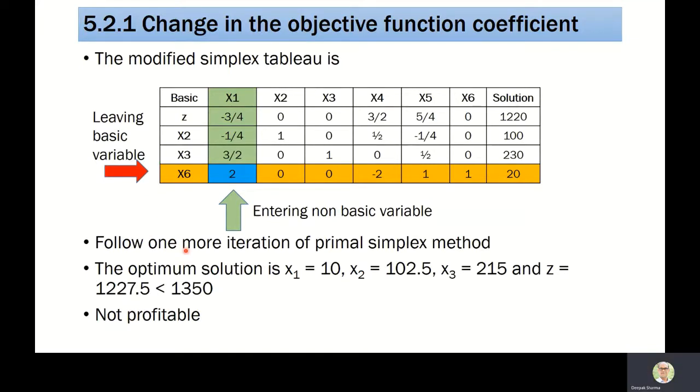When we perform one more iteration, we get the optimum solution as x1 10, x2 102.5, x3 215. The value of Z is 1227.5, which is again less than our original revenue of the problem. So it is also not profitable. So the suggested change, we will not accept it.